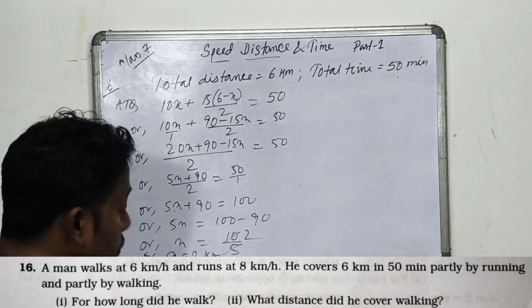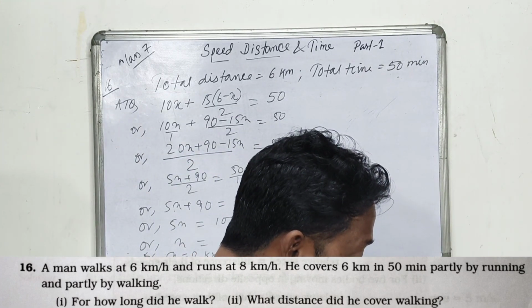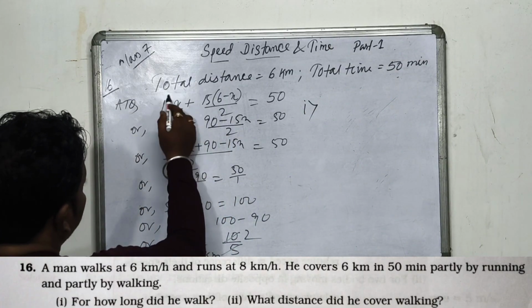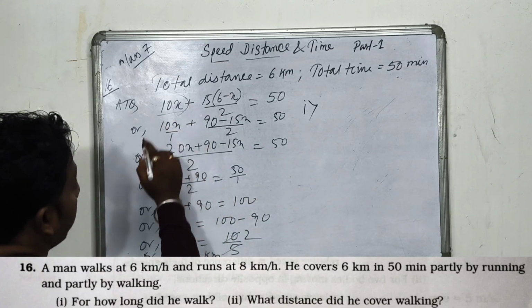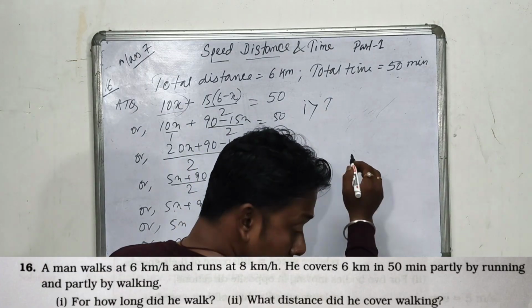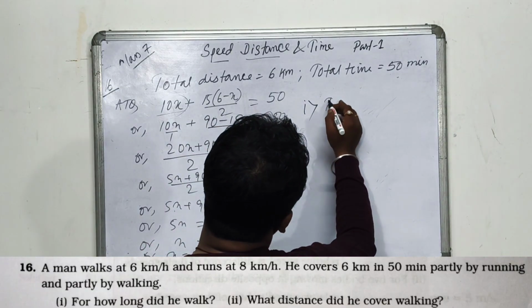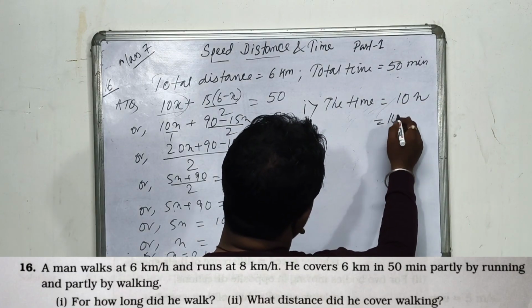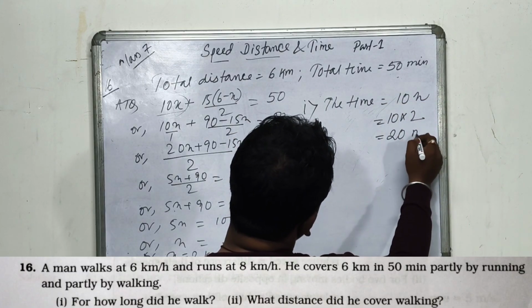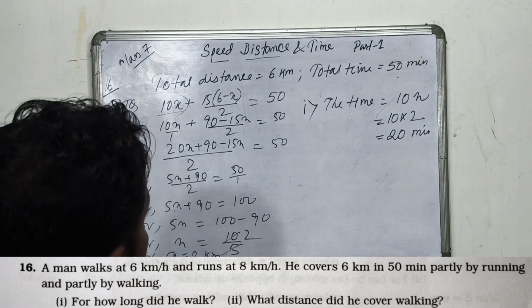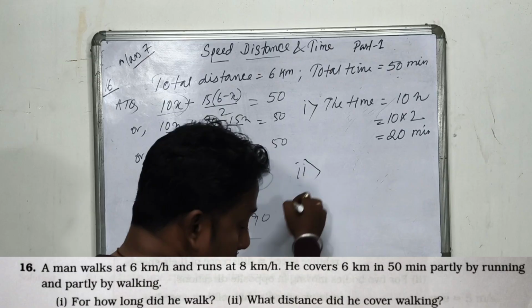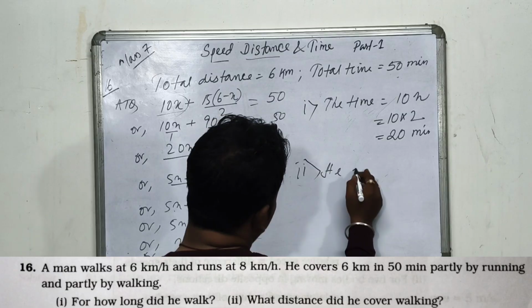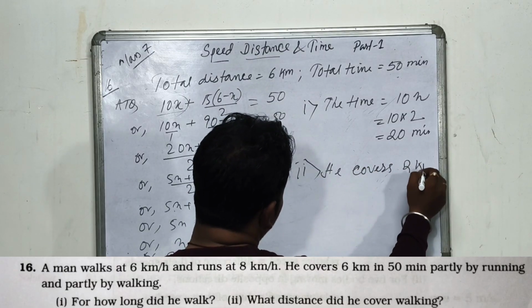The distance covered by walking is 2 kilometer.